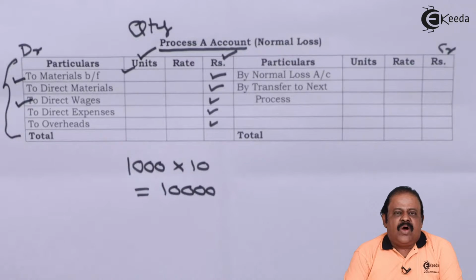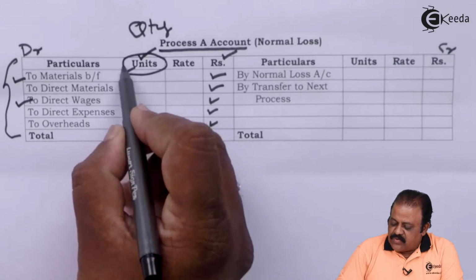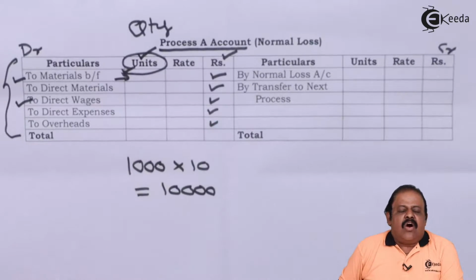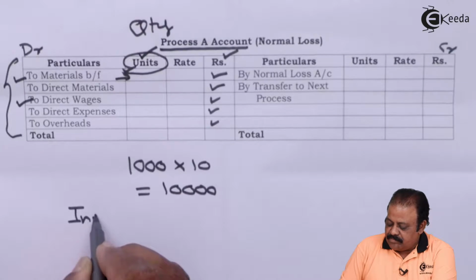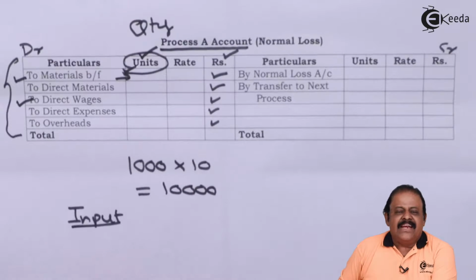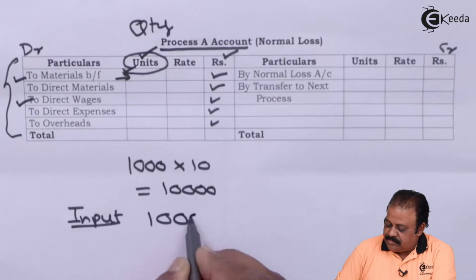Now here we are required to focus on these units which we have recorded against the column of direct material. These are called input units. Here in our example we have taken input 1000 units.